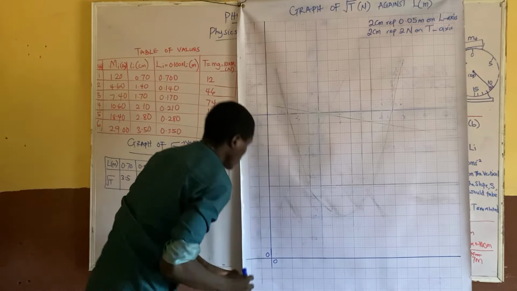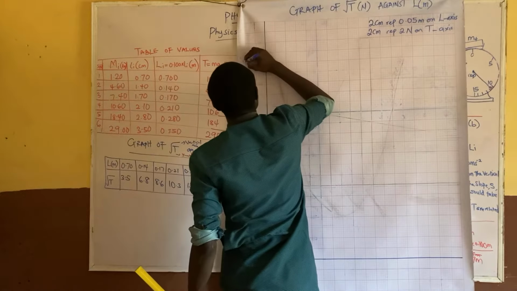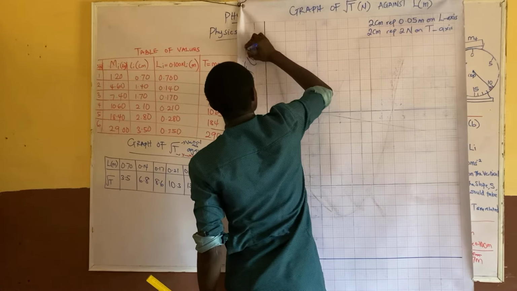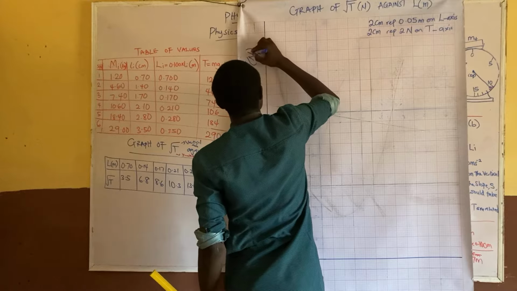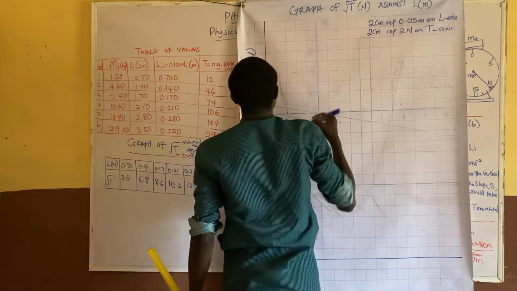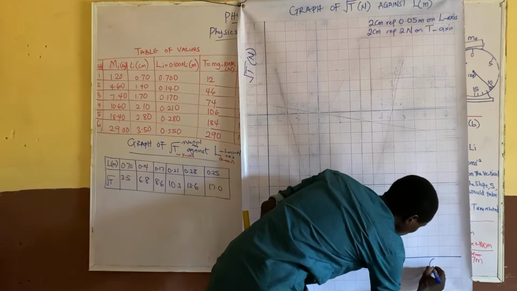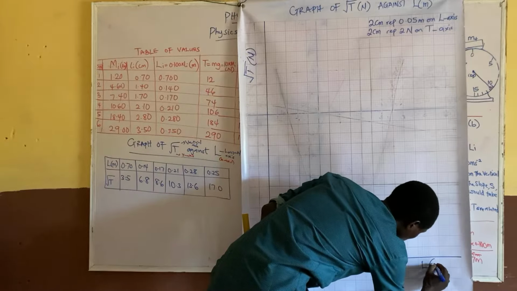Now this is my T, which is in Newton. This is my L, which is in meter.